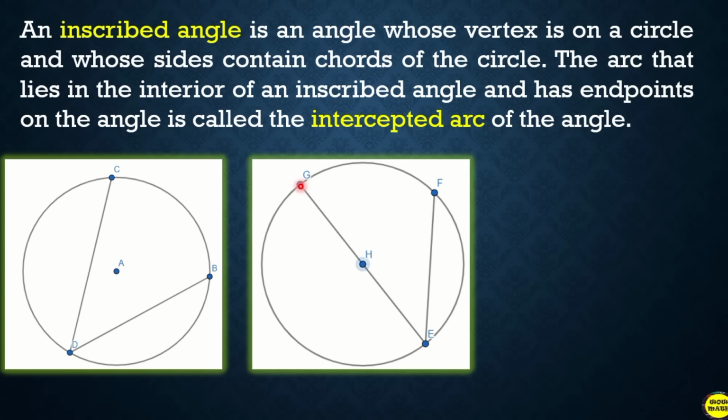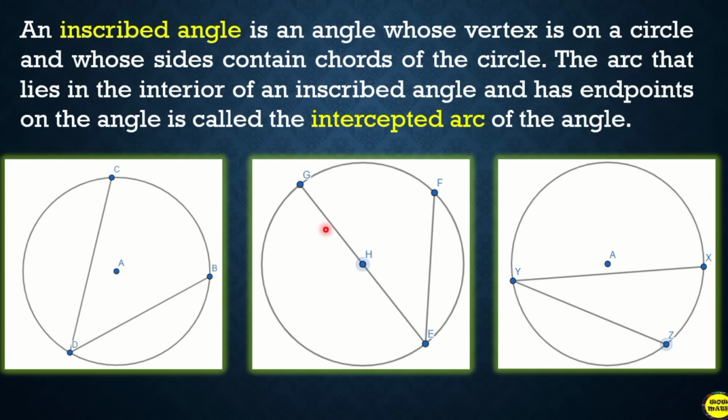So remember, in figure number 2, angle GEF is the inscribed angle, arc GF is the intercepted arc, and one side of our angle is the diameter of this circle.